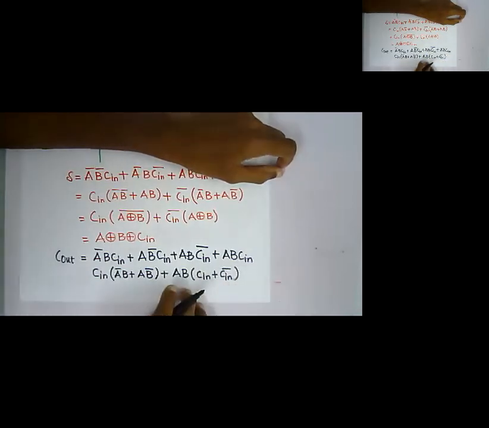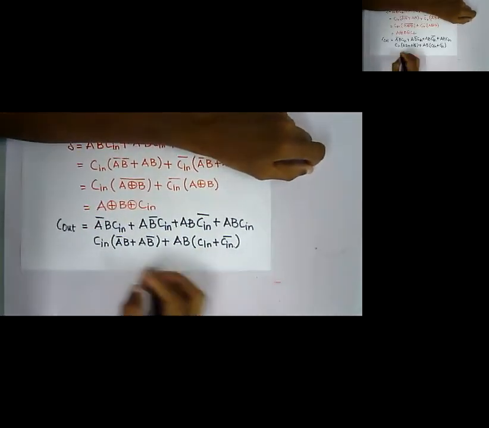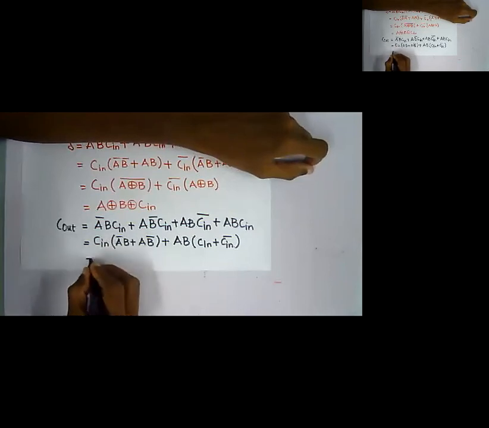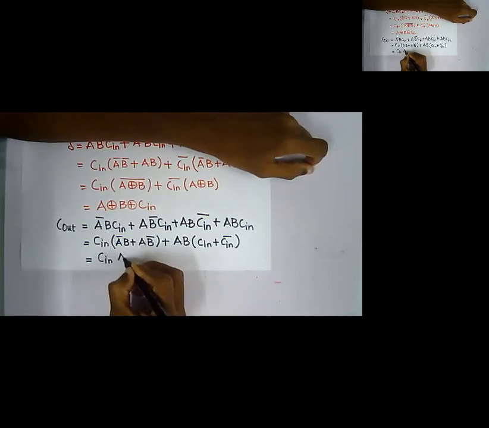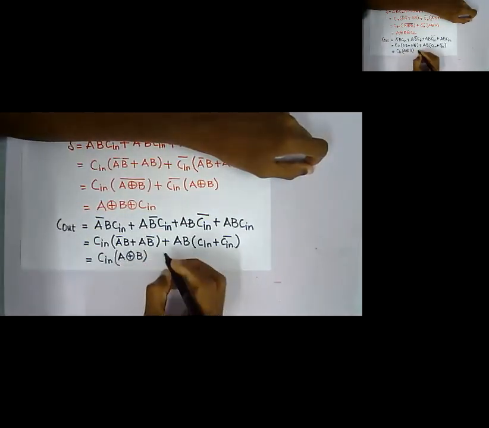Am I right? What is C in plus C in bar? It becomes 1. If C in is 0, this becomes 1; if it is 1, this becomes 0. So I can write it as C in into A XOR of B, plus A B.